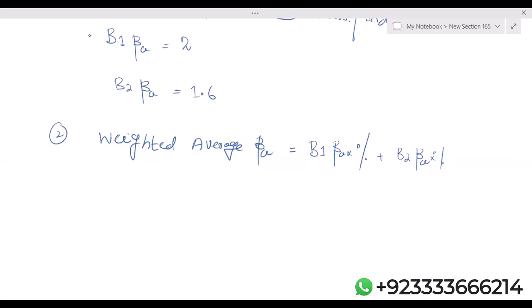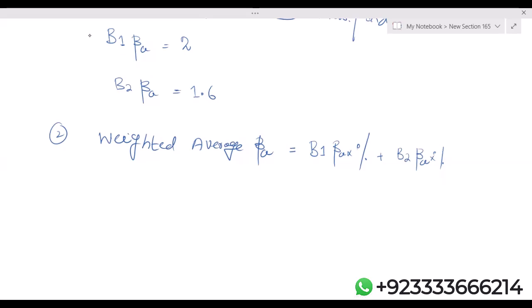A very old name for the weighted average beta asset is proxy beta asset. There's one more name, that is beta asset company. But obviously you should be using weighted average beta asset. I'm just giving you for the sake of knowledge.